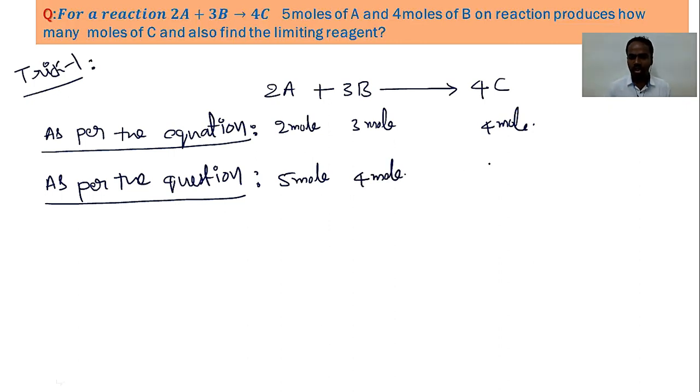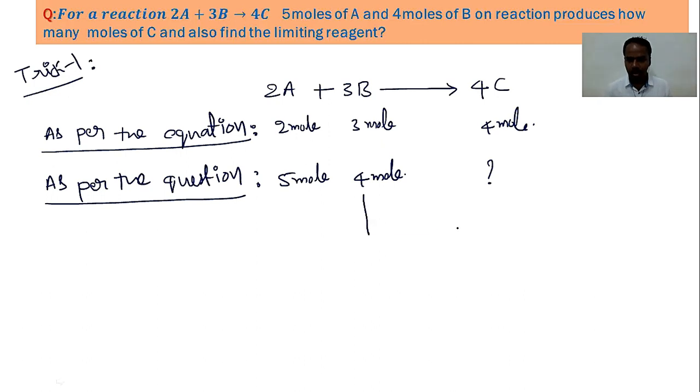Then we need to calculate the number of moles of C produced. So how can you calculate the limiting reagent? Now I am going to calculate the number of moles of C produced by taking the individual reactants separately.